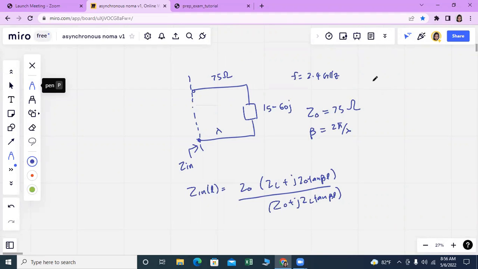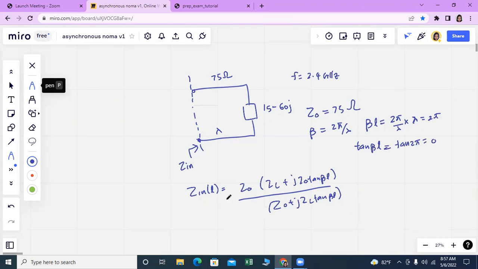So beta is the propagation constant. So it is defined as 2 pi over lambda, and then the beta L value will be 2 pi over lambda into lambda, which would result in 2 pi. So we can calculate tan beta L as tan 2 pi, which is 0, right?